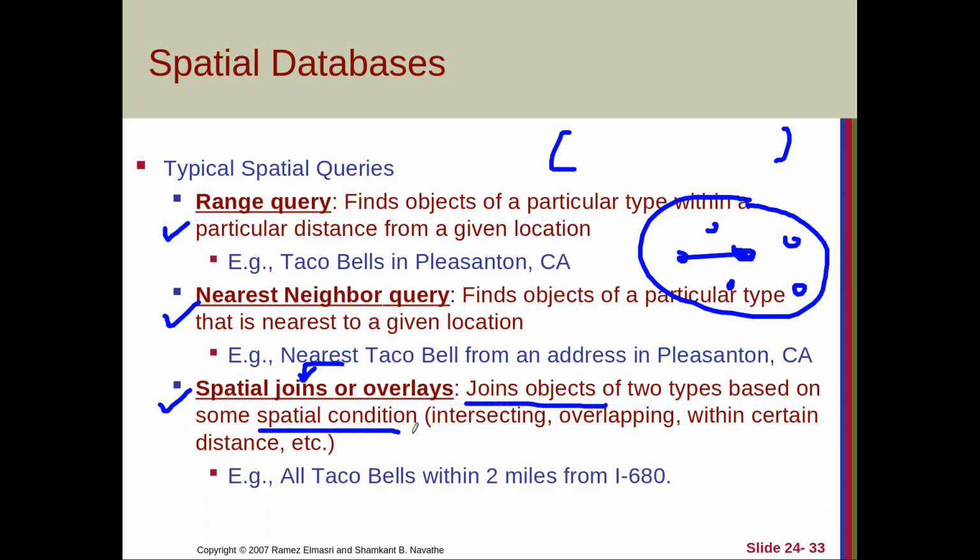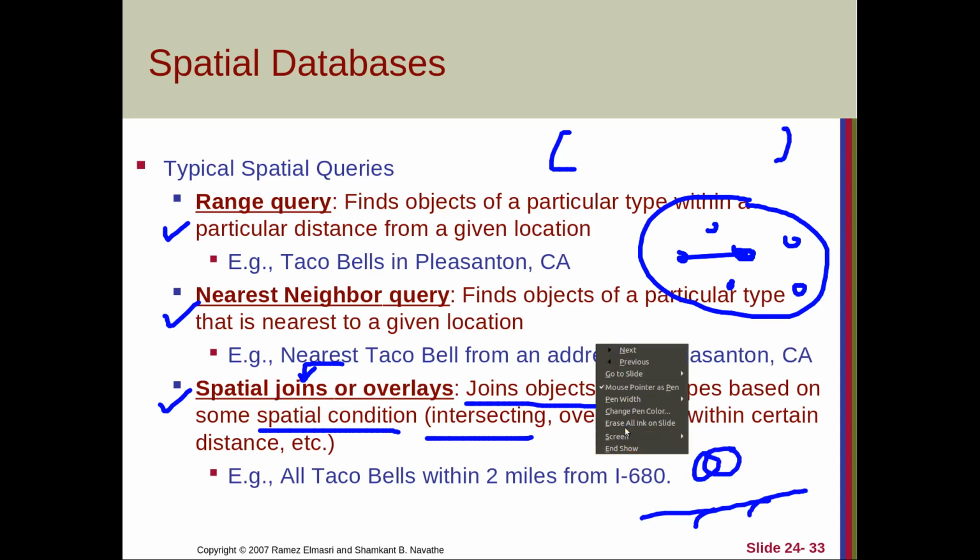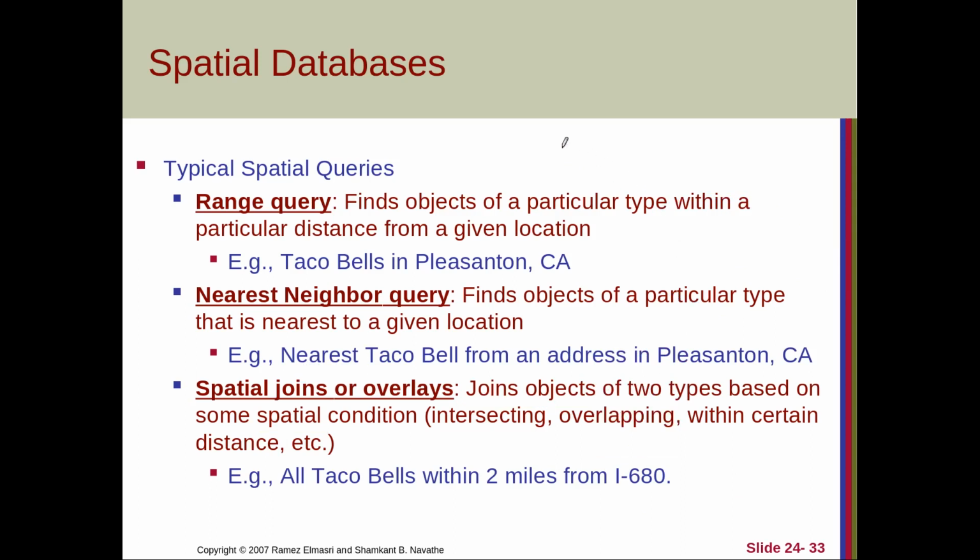So different objects can be joined based on some condition, like intersecting, two objects are intersecting or overlapping, within a certain distance. What example can we say? For example, there is a river going in this way.